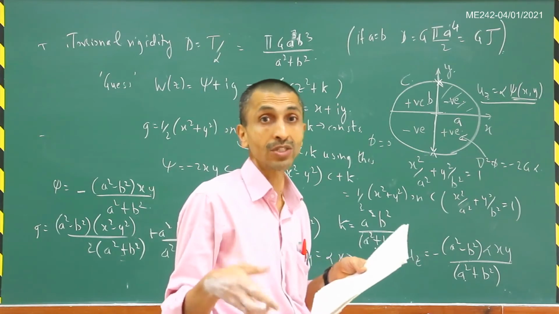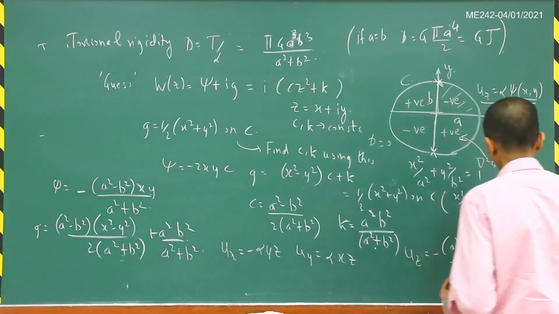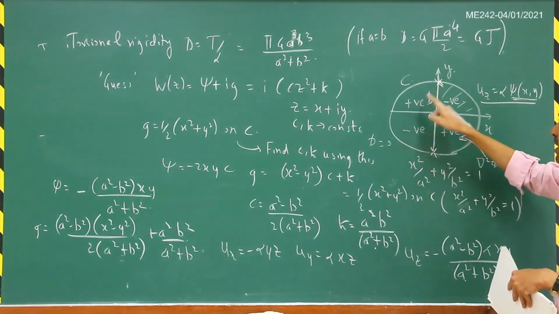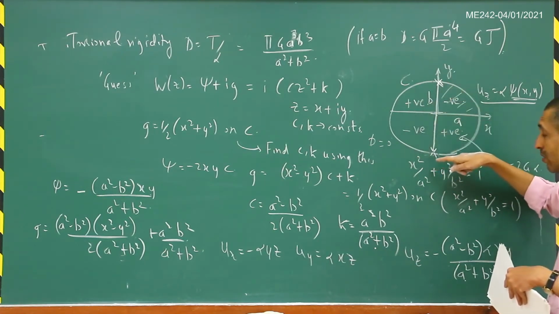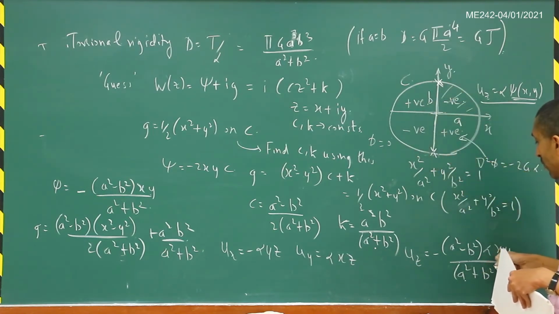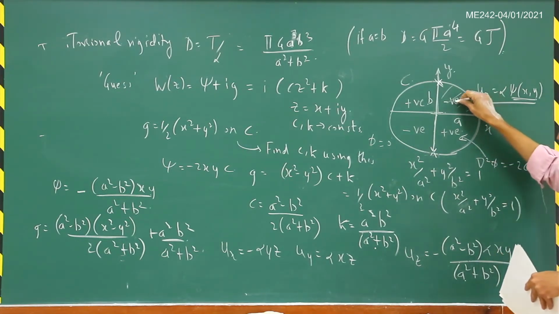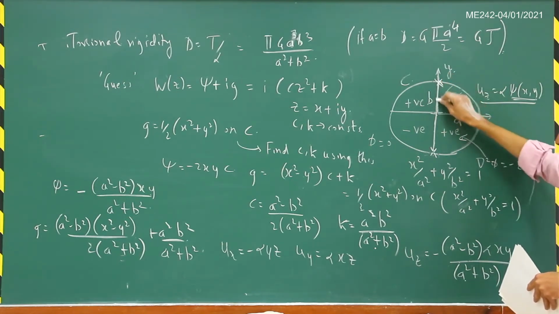That is another check on whatever results you are computing. Here you can see that x equal to 0, which is the y-axis, and y equal to 0, which is the x-axis, are the symmetry axes for this particular cross section, and the warping function is equal to 0 on those axes. So it goes from negative to positive, but along this particular line the warping function is 0.